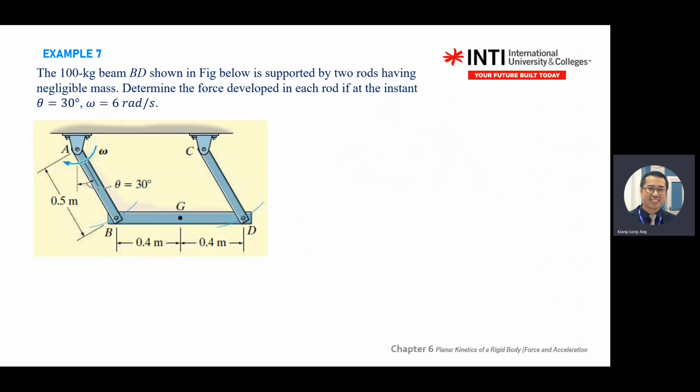Okay, example 7. You have a system rotating with two arms and a rod here. So basically it's a bar case. But even before you read the question, you should be able to predict the motion. You're given omega, the angular velocity. So if this one moves, this one will move this way.